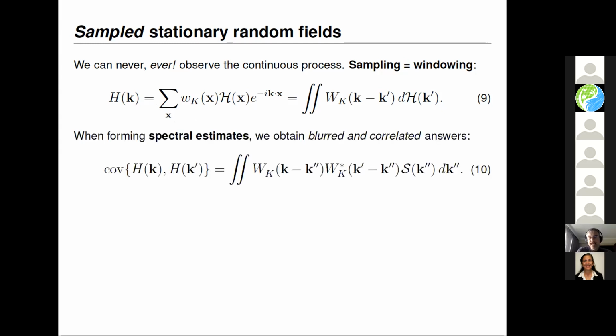So in one line, to show how complicated things are getting due to windowing and sampling, or general windows, little w, it's really all contained in how the continuous process spectral density, this S here that we want to know, gets blurred and correlated.